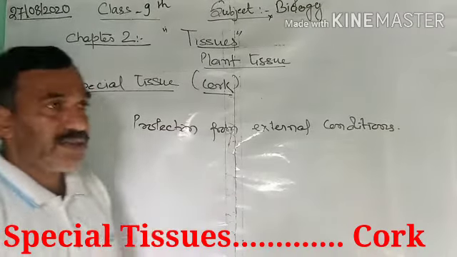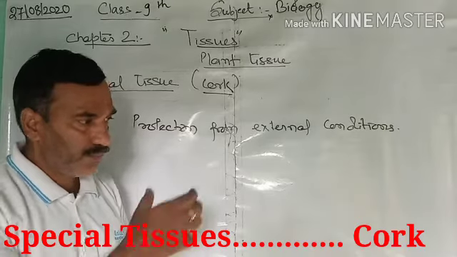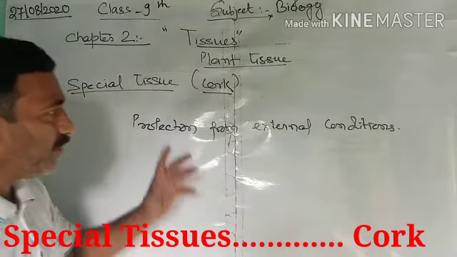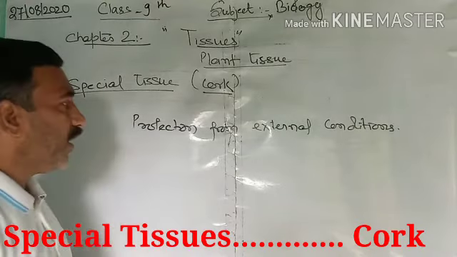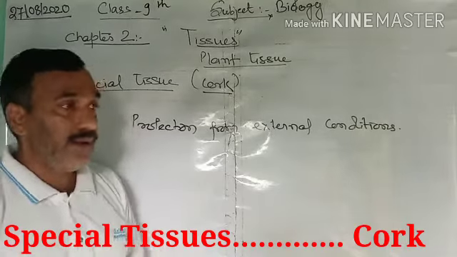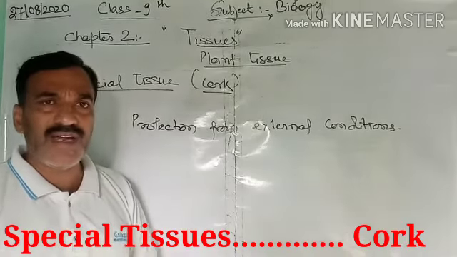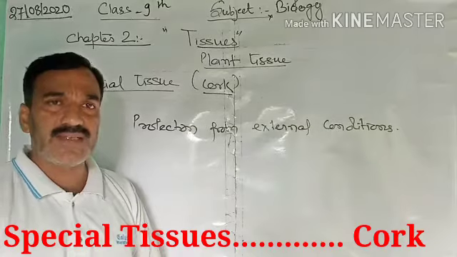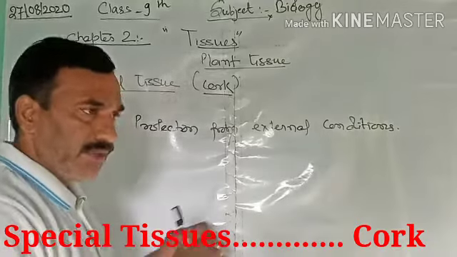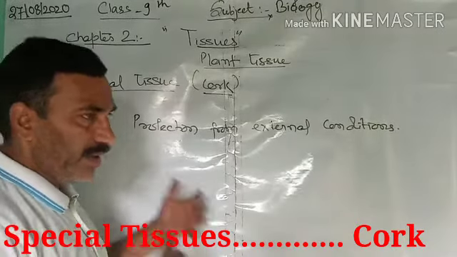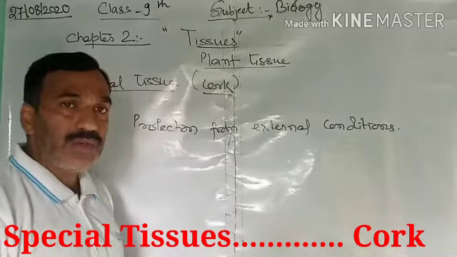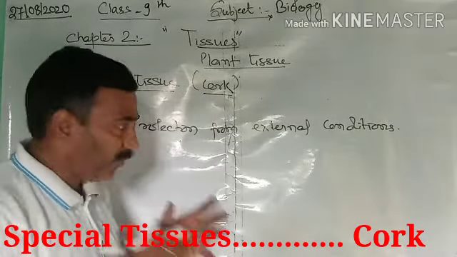Now you can say, sir, there are protective cells other than this cork cambium, but try to remember the word perforated. This perforation is utilized by the plant for the exchange of gases. Gases such as carbon dioxide may enter, and oxygen is released out through these perforations.